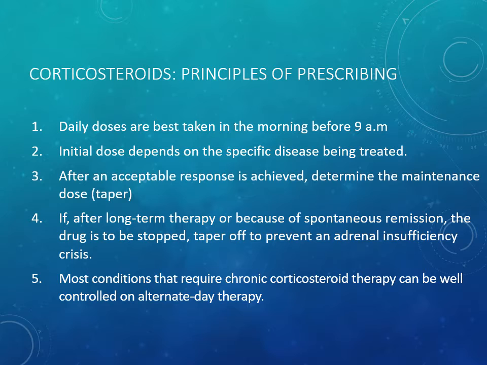So you need to maintain or adjust the dose until an acceptable response is achieved. After an acceptable response is achieved, you need to determine the maintenance dose. The maintenance dose is going to be determined through tapering. Tapering until the lowest dosage that maintains an adequate clinical response is reached is what you need to do.